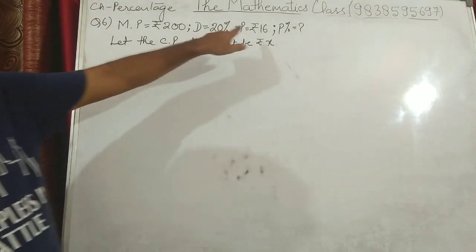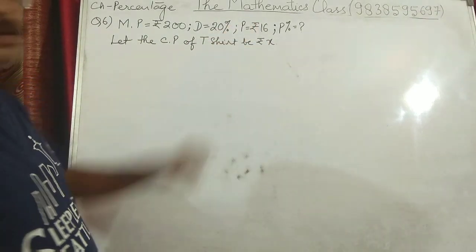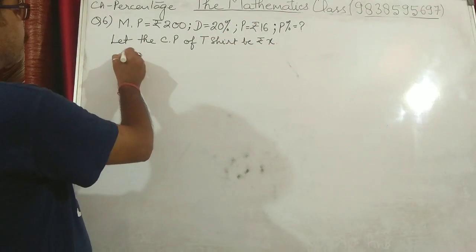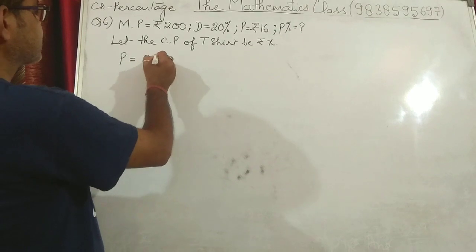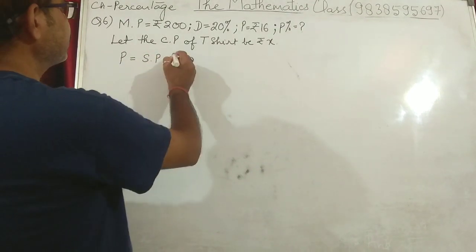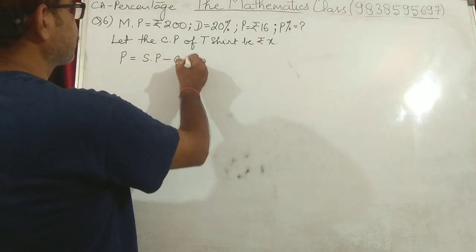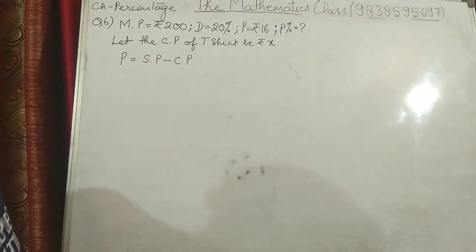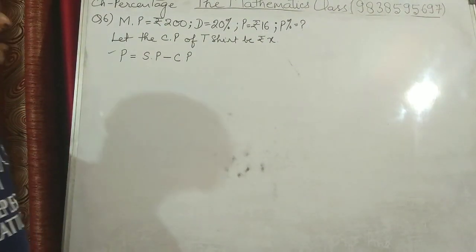Now he is making a profit of rupees 16. So we know that profit is equal to selling price minus cost price. First thing, this is what we are going to use.